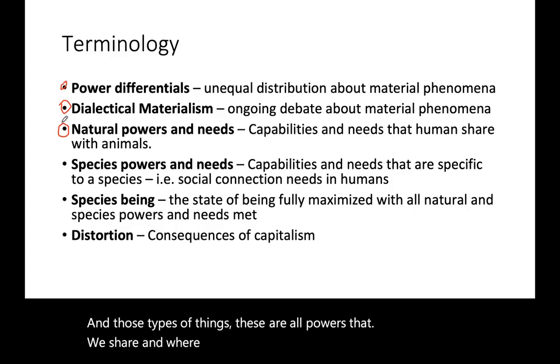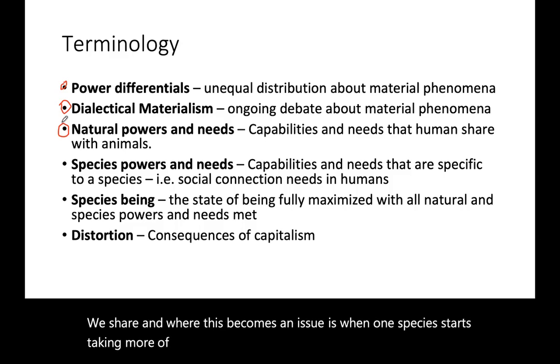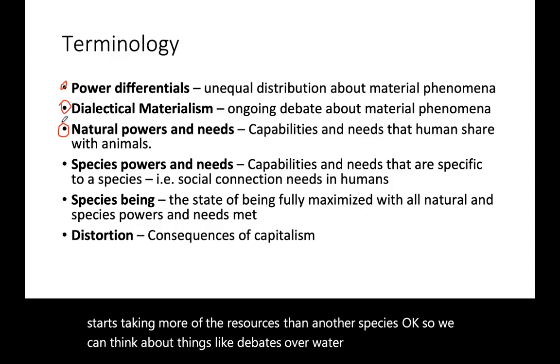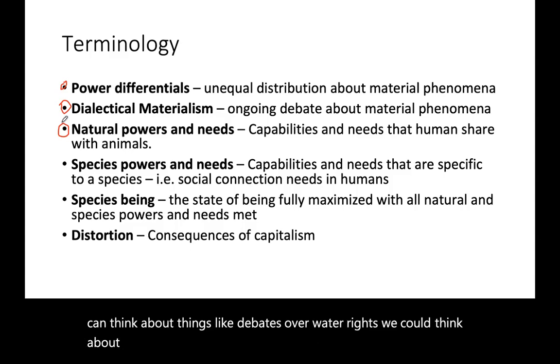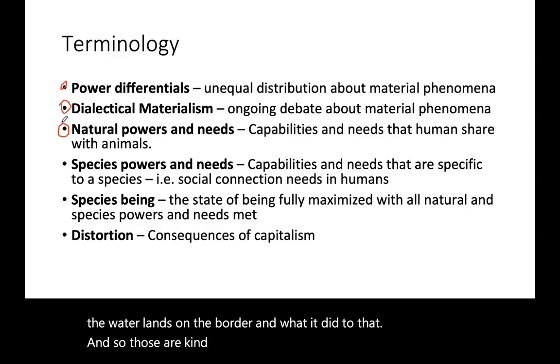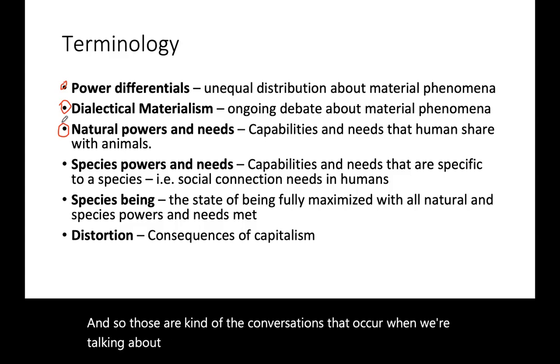Where this becomes an issue is when one species starts taking more of the resources than another species. We can think about debates over water rights. We could think about what happened when the fence was built through the wetlands on the border and what it did to that. Those are the conversations that occur when we're talking about natural powers.